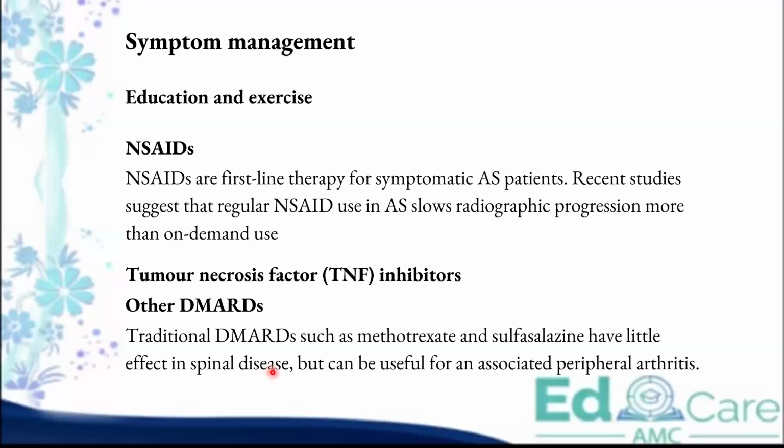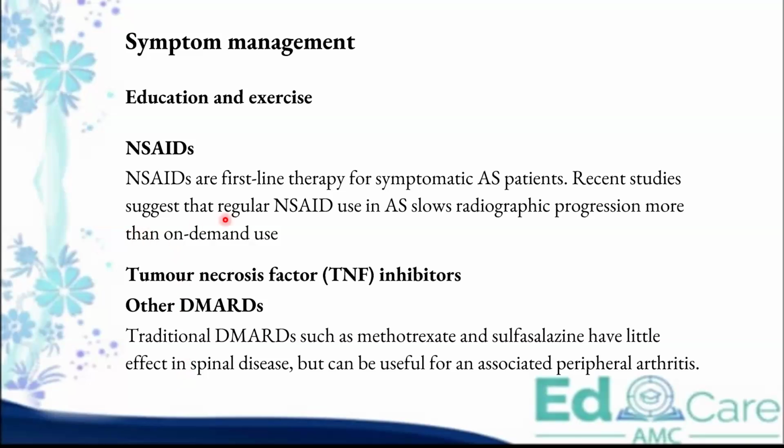So there's an MCQ on the treatment, right? So when you're choosing which treatment you're going to give the patient, you need to remember if it's a spinal problem, giving methotrexate and sulfasalazine will have little effect. But if they have associated peripheral arthritis, like we saw, it's not only axial involvement, you can get peripheral arthritis, then giving DMARDs such as methotrexate and sulfasalazine can help, right?